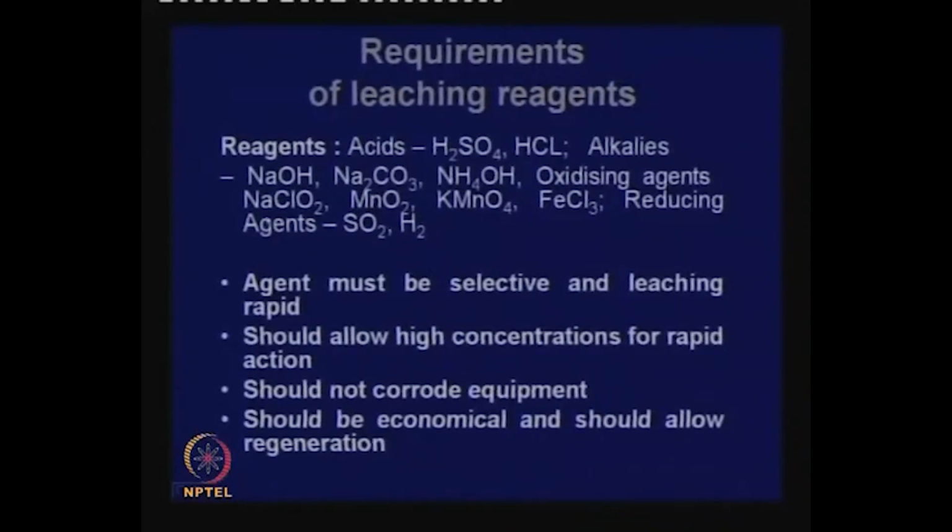Whereas alkalis are milder reagents, but they may be safer from the view of fewer impurities coming into solution. And during leaching, many oxidizing agents are used like MnO2, KMnO4, FeCl3 etc., which will increase the oxidation potential.